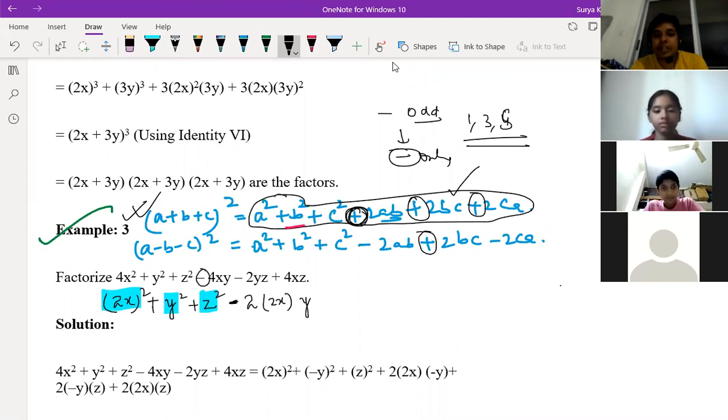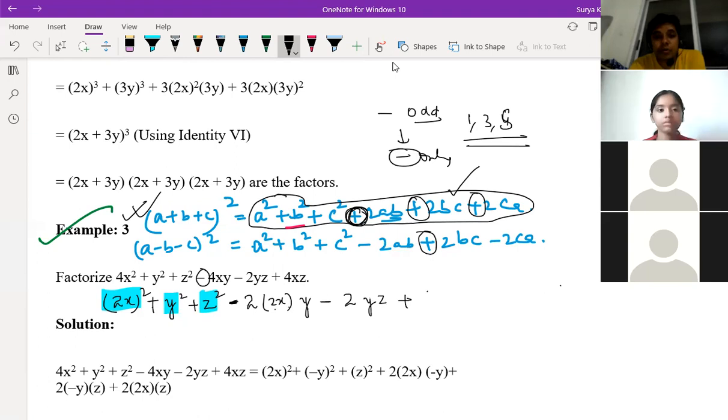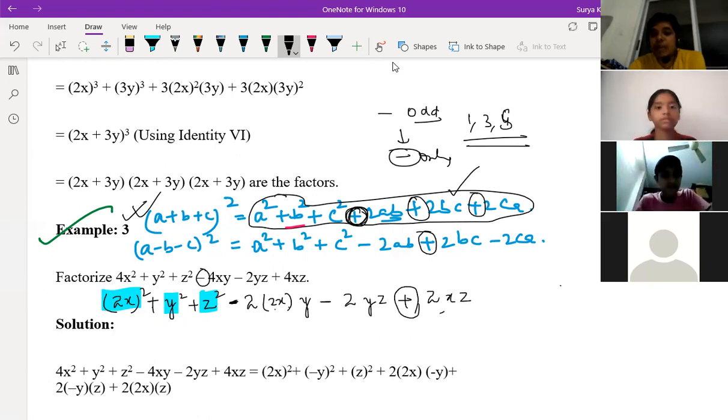So minus 2 into 2x into y. Then minus 2yz, yz as it is, plus 2xz. Remember, children, where it is positive, both terms are either both negative or both positive, right?